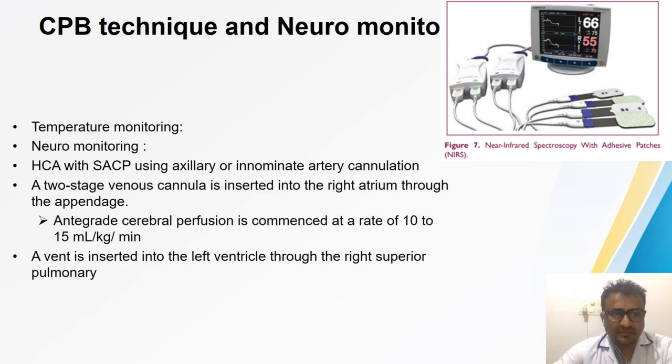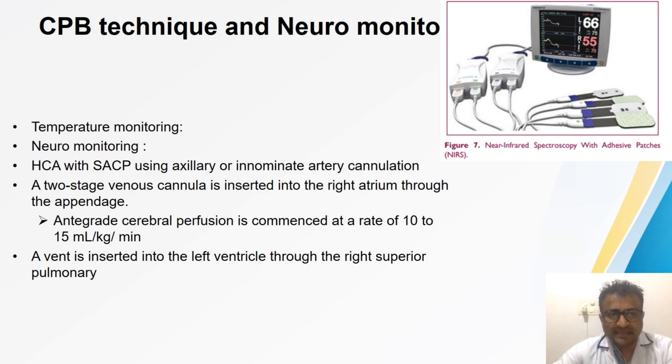For the CPB technique, a two-stage venous cannula is inserted in the right atrium. The CPB technique includes hypothermic circulatory arrest with antegrade cerebral perfusion when the arch vessel is involved and we anticipate that it may require surgical intervention.